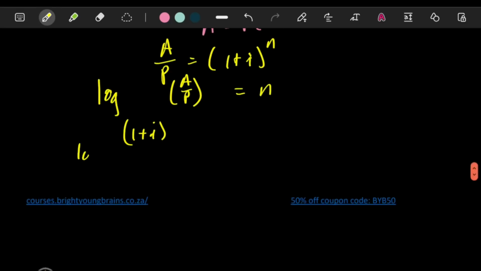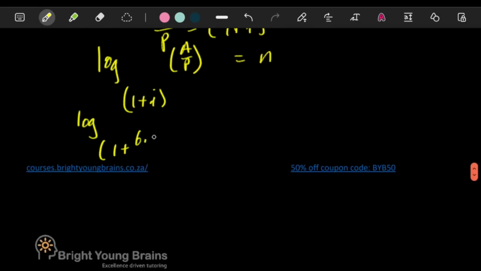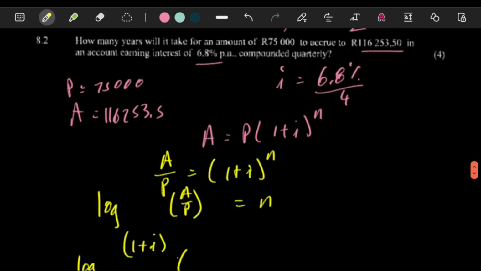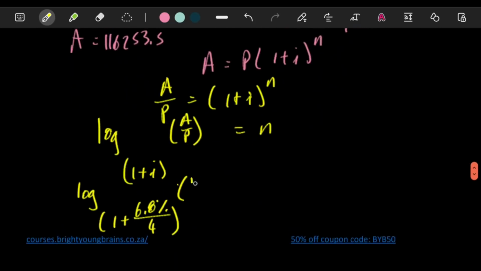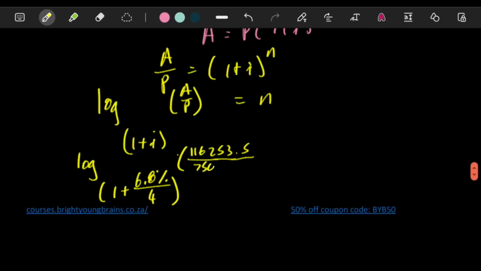Whatever value was on the other side goes here. So this is going to be log base 1 plus the interest, 6.8% per annum over 4, of A over P. What is A? It's 116,253.5. What is your value of P? P is 75,000.